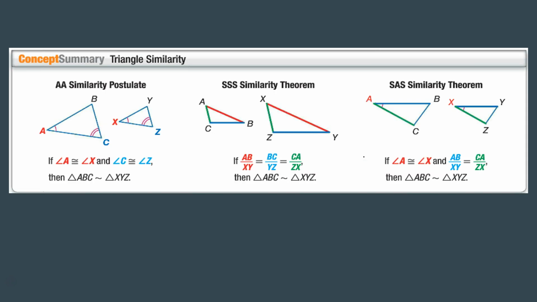Alright, so this is just to make sure you see all the different kinds of similarities. We have the AA similarity postulate, the side-side-side similarity postulate, and the side-angle-side similarity theorem. And there we go.